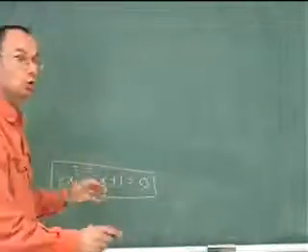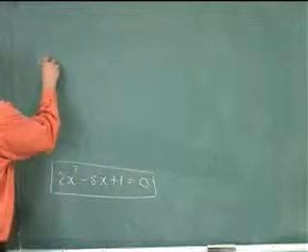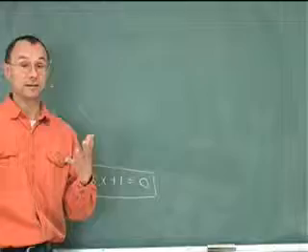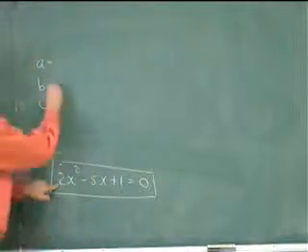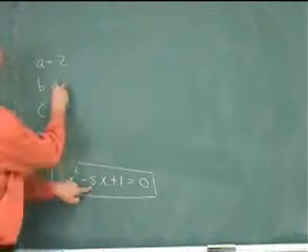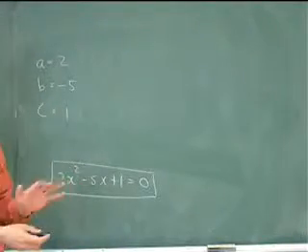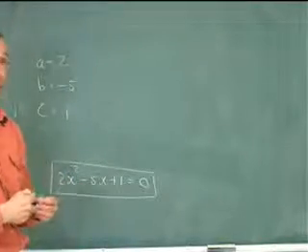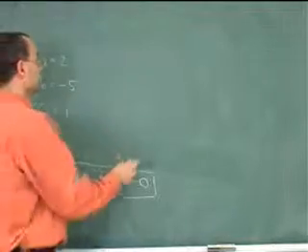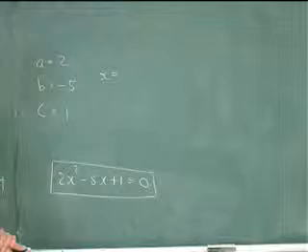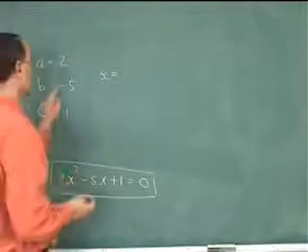You may find it useful at the start anyway to just write down what is a, b, and c. a is 2, b is negative 5, and c is positive 1. That's just to make sure I don't get my signs mixed up. Okay, over to the quadratic formula, let's solve for x. First thing we have to do is negative b.